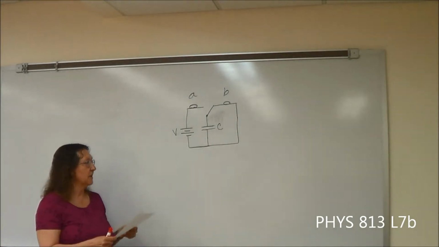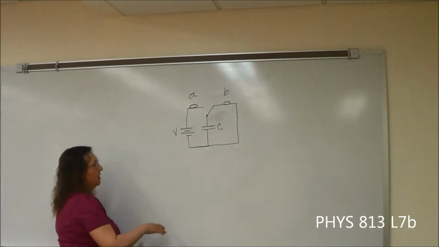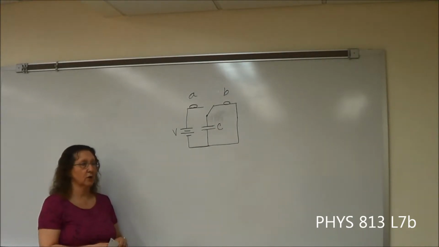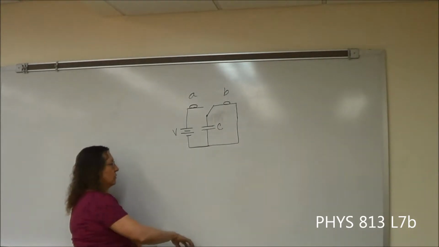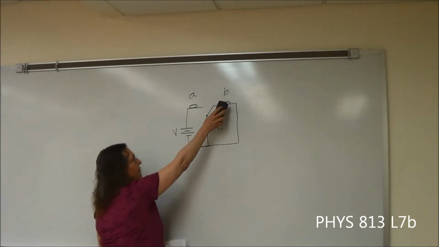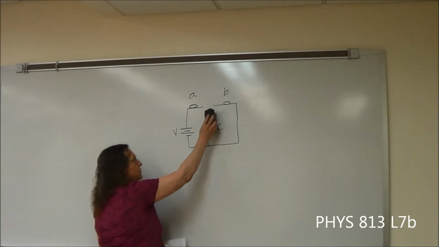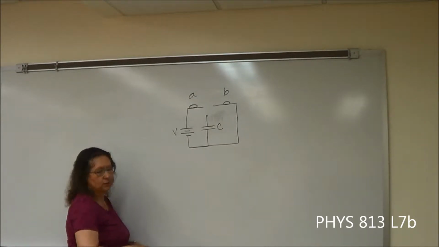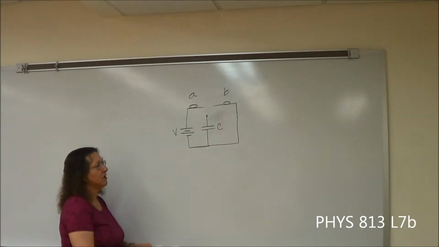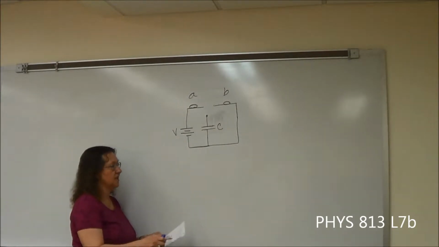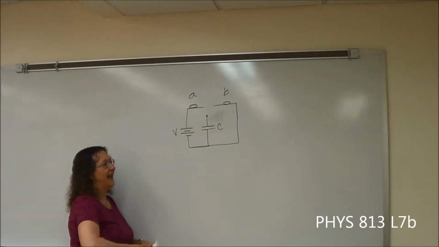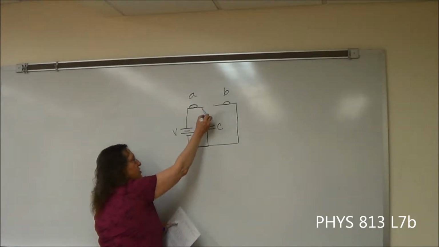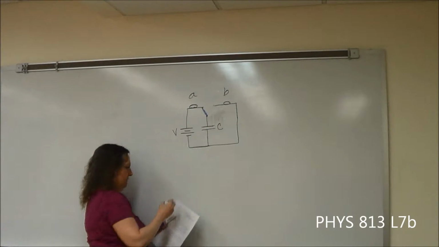But what we're going to do now is say that we're starting out with the capacitor uncharged, and then we're going to move the switch from position B over to position A. And something else you might do is modify your answers to step 11 or add to them if you need to. So we're going to move the switch over to this position.